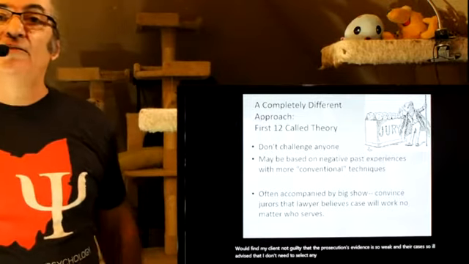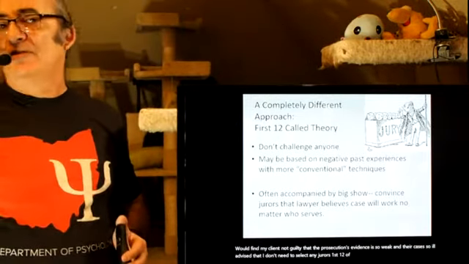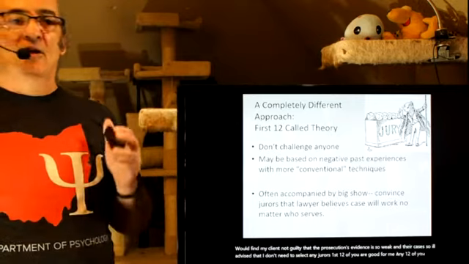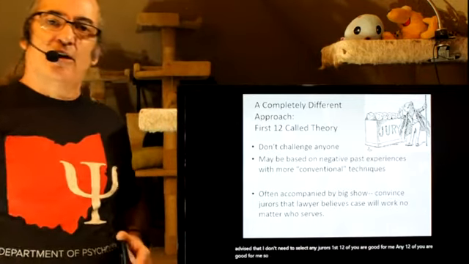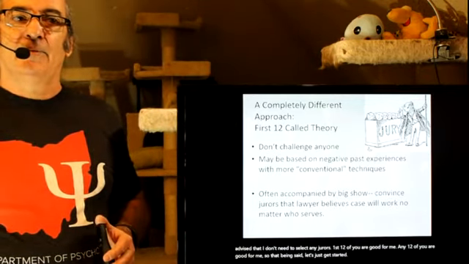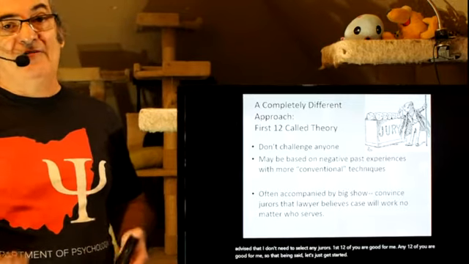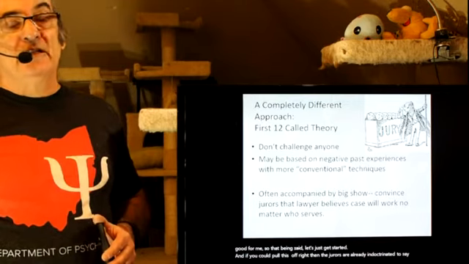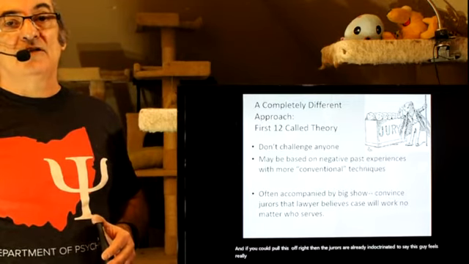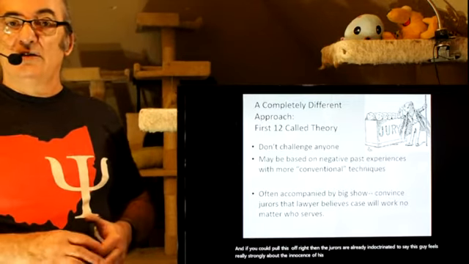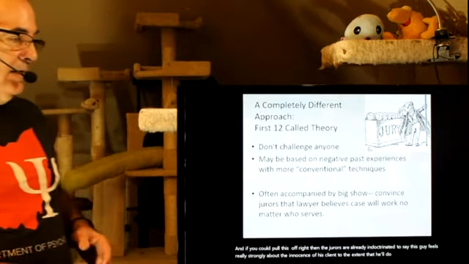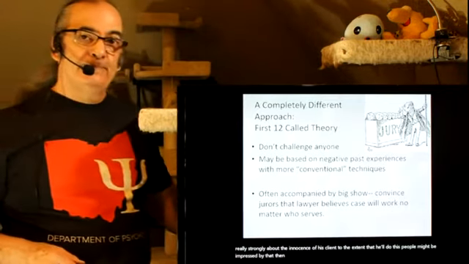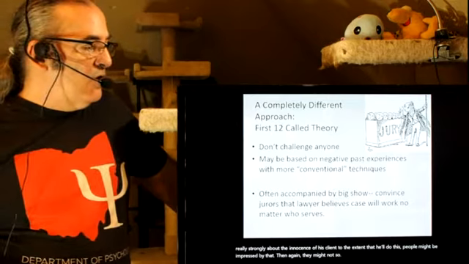The first 12 of you are good for me. Any 12 of you are good for me. So that being said, let's just get started. And if you can pull this off, right, then the jurors are already indoctrinated to say, wow, this guy feels really strongly about the innocence of his client to the extent that he'll do this. People might be impressed by that. Then again, they might not. So, the first 12 called.